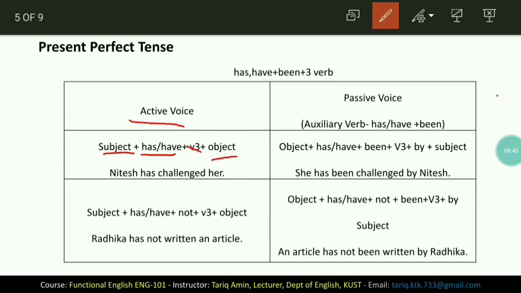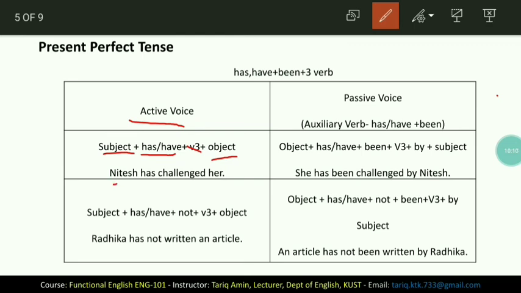In the simple present tense and in the present continuous tense, we use is, am, are, whereas in the present perfect tense we use has or have. And in the simple present tense we use the first form of the verb, whereas in the present perfect tense we use the third form of the verb.